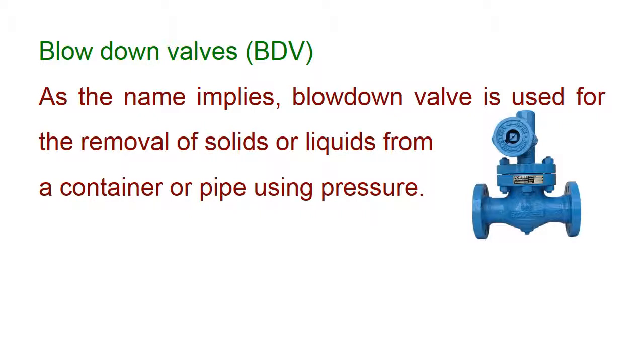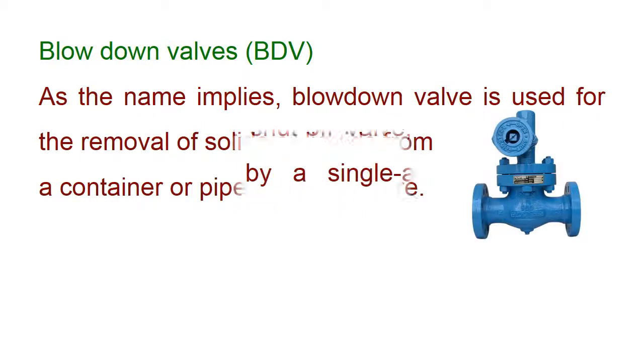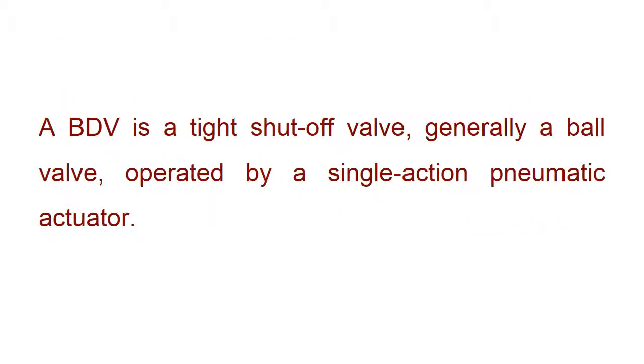Blowdown valves, BDV. As the name implies, a blowdown valve is used for the removal of solids or liquids from a container or pipe using pressure. A BDV is a tight shut-off valve, generally a ball valve, operated by a single-action pneumatic actuator.